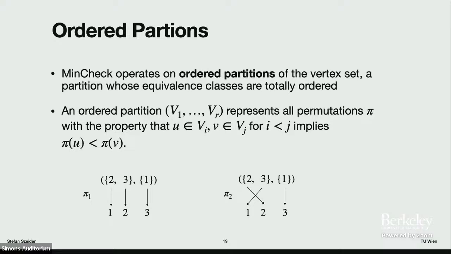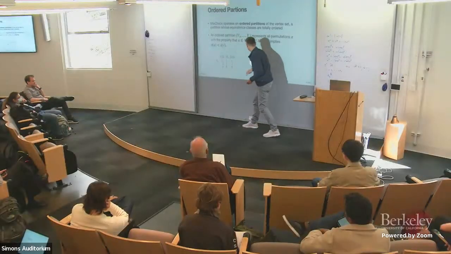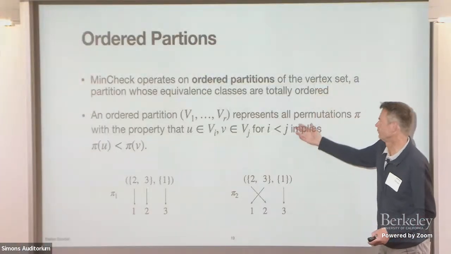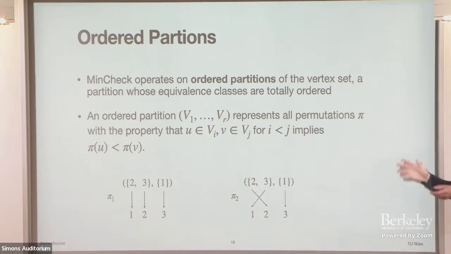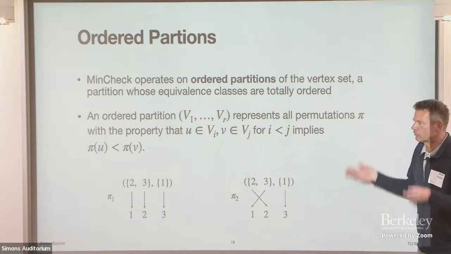For instance, this ordered partition of the numbers 1 to 3 corresponds to these two permutations. Basically, 1 and 2 must be the images of the first partite set, we can swap the two, and then for the second one, only 1 is left. Or you can also just take this general definition here. This is a compact way of representing a set of permutations.